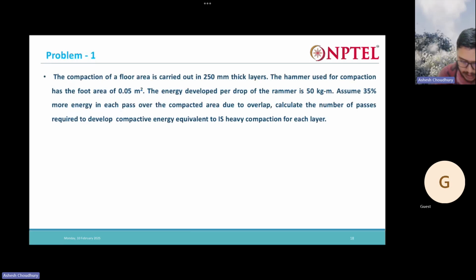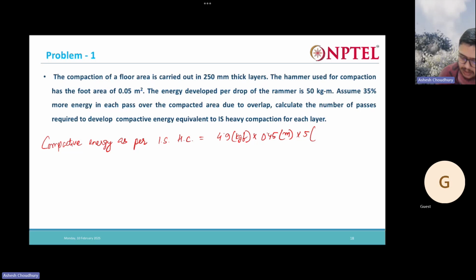See, compactive energy for IS heavy compaction is, so 4.9 kg hammer. I am also writing the units in the bracket. 4.9 kg hammer, 450 mm drop, 5 number of layers times 25 number of blows.